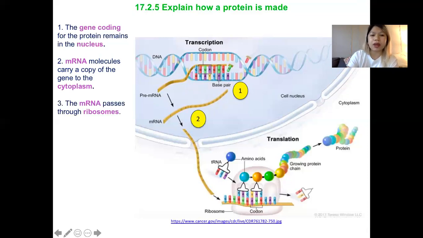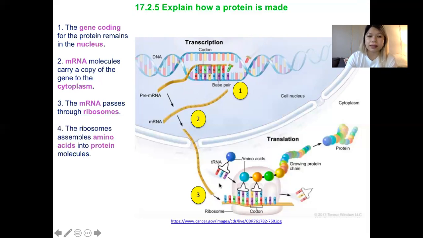Once it gets to the ribosome, it's step number 3. Remember, all the mRNA has the pegs coming off of them. It passes through the ribosome. And as it's passing through the ribosome with each of its own bases, a different type of RNA called tRNA carries a certain type of amino acid, depending on the 3 bases it has.